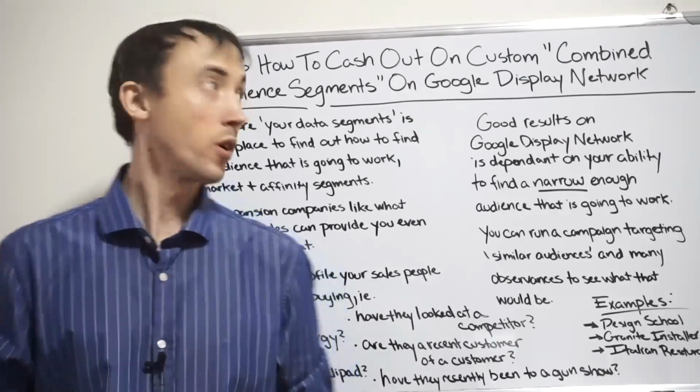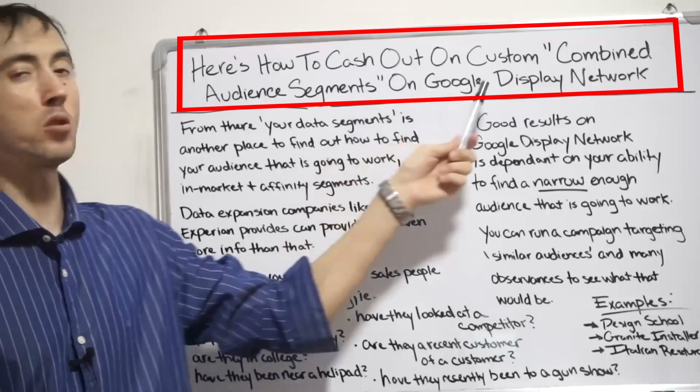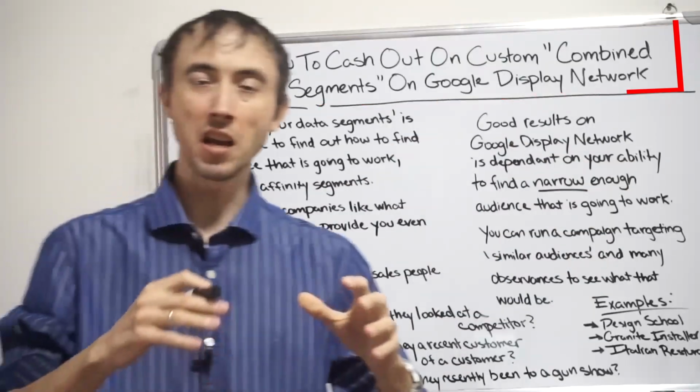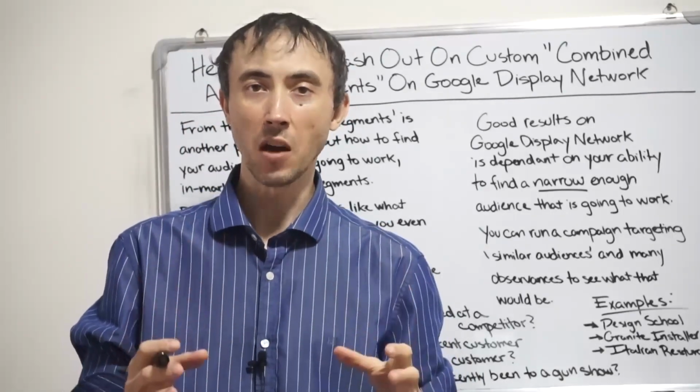Okay, today's video we're going to talk about combined audience segments on Google Display Network, or using these combined audience segments to create a custom audience for targeting on Google Display Network.